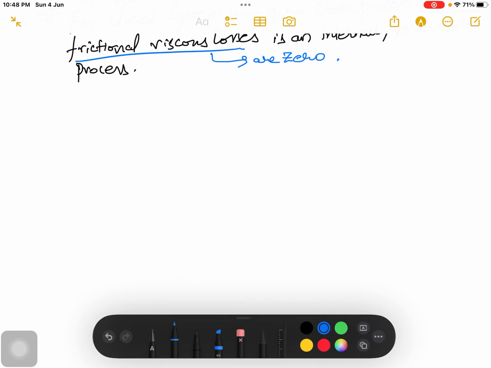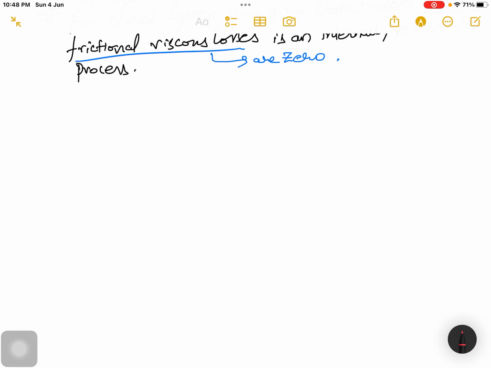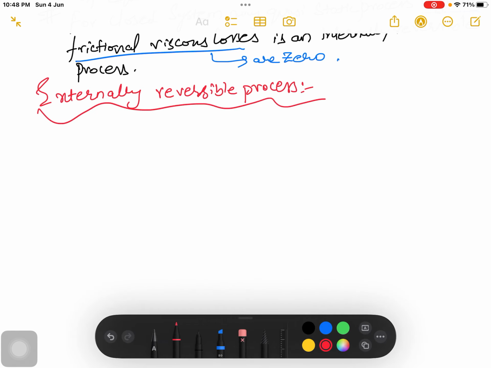Now moving further, externally reversible process.